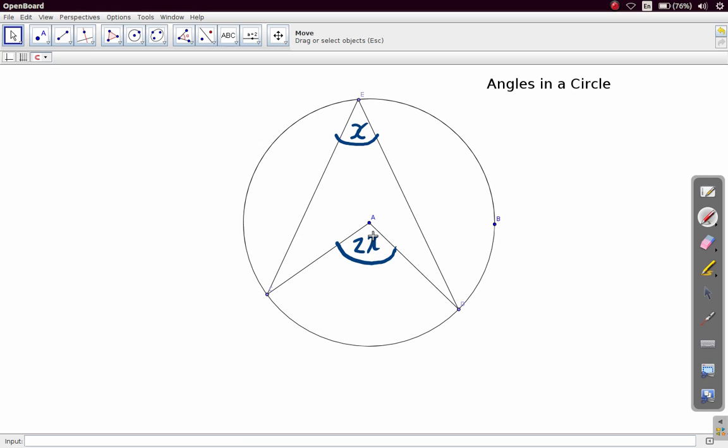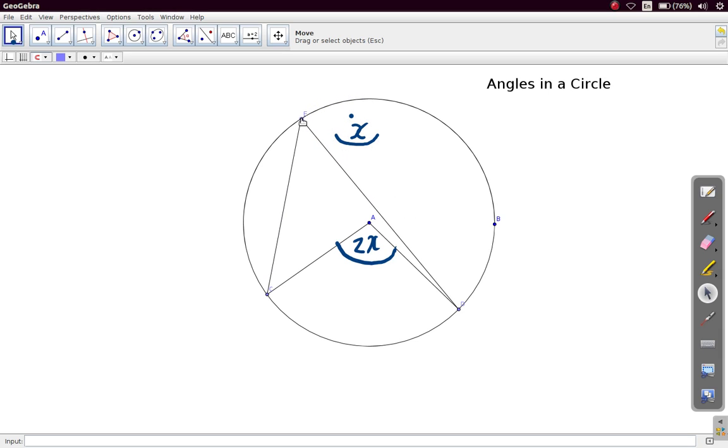Now, let's move this chord. I want to move these two chords over here. Wherever you move these chords, the angle at the center is x, the same angle.